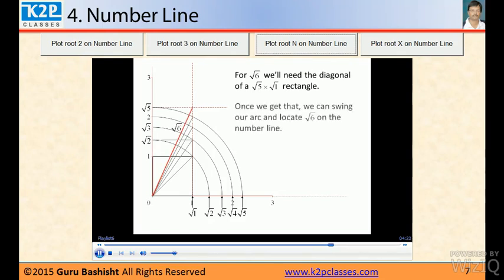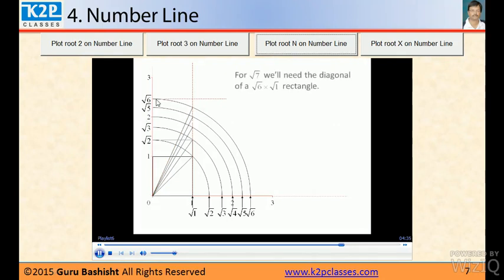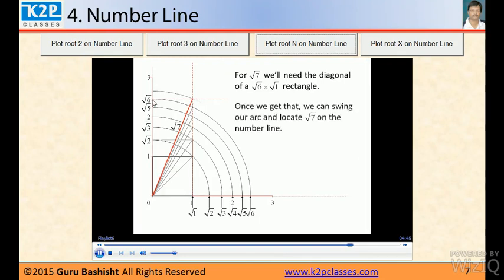In fact, we can draw the root of any positive natural number in this fashion. So it is root 6. Now we can draw root 7 as well. How? Just take this line.